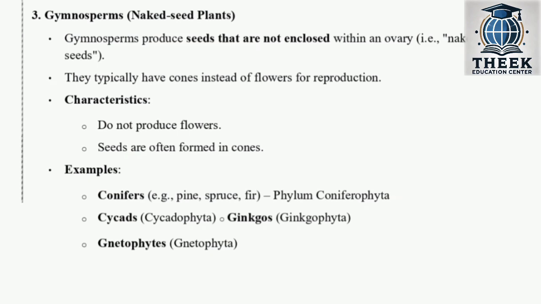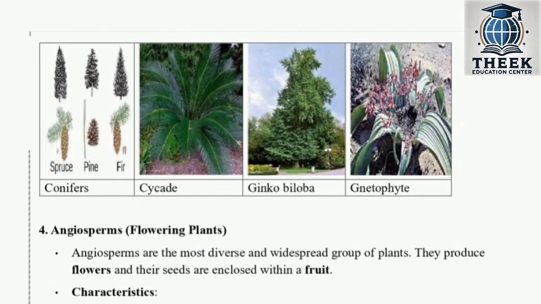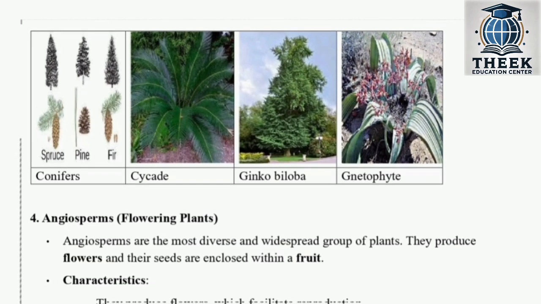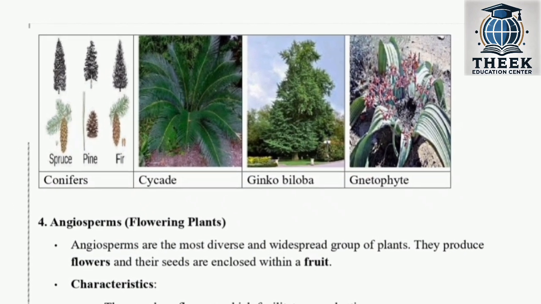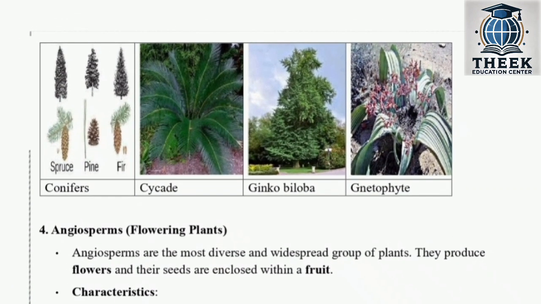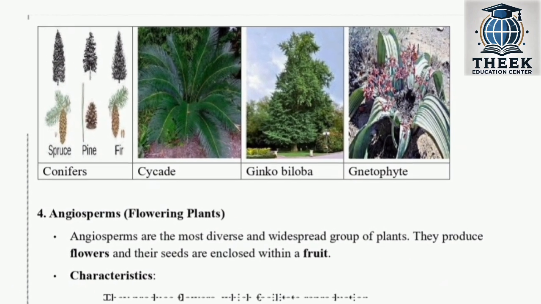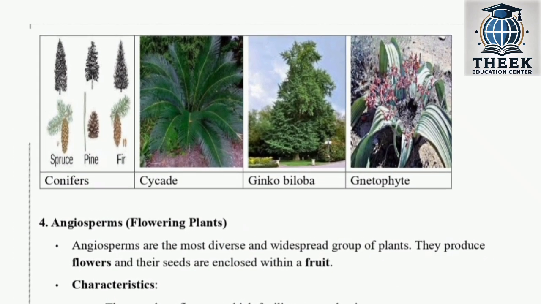Those are good examples of the gymnosperms. You can see the pictures below. The conifers, the seeds are in cones, or the seeds are exposed, the naked seeds. We have the cycad here. You have the Ginkgo biloba. Then you have the Gnetophyte.